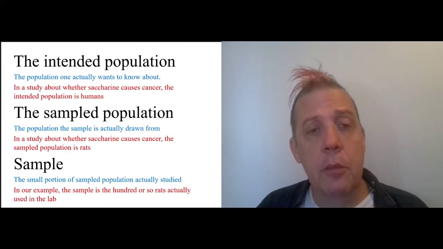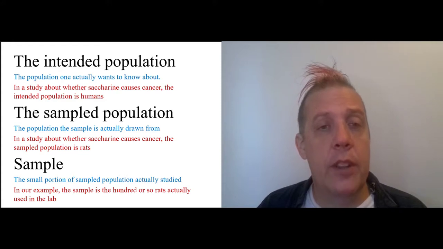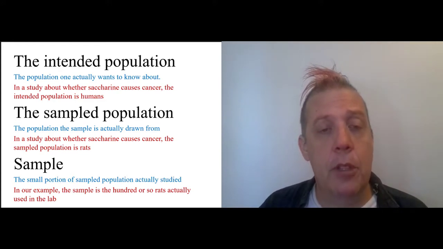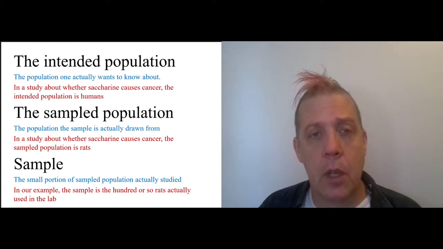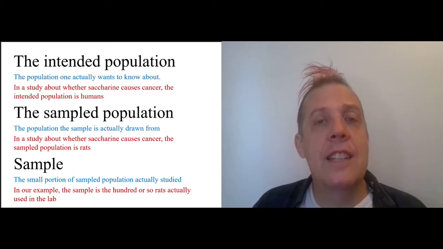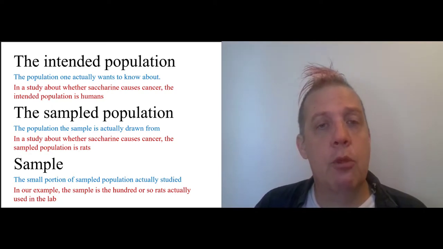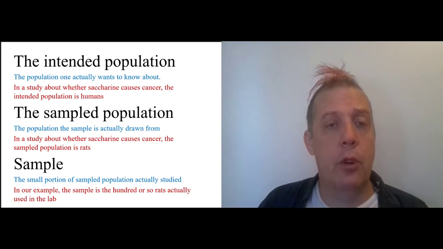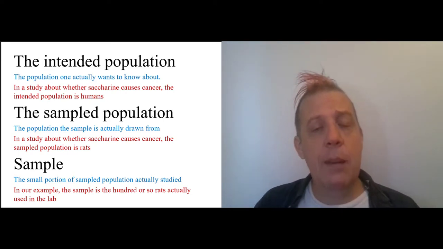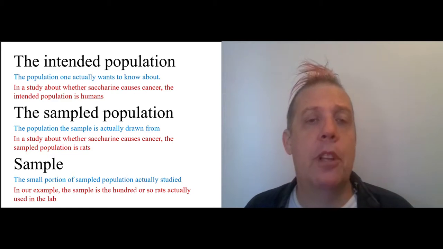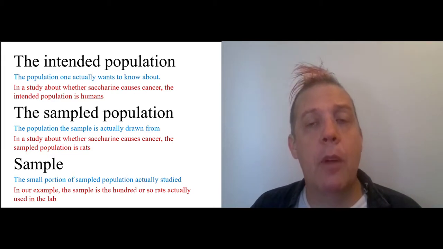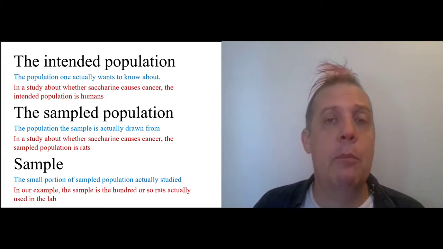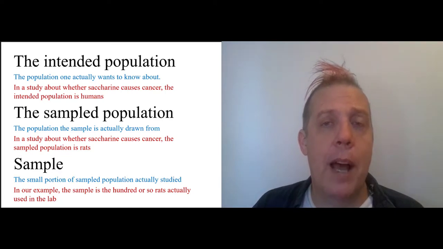Another thing I wanted you to be sure to understand is the difference between the intended population, the sampled population, and the sample. The intended population is the group of people that we actually want to know about. For instance, in a political survey, you may want to know about potential voters. The sampled population is the population you draw the sample from, and this might be different than the group that you want to know about.